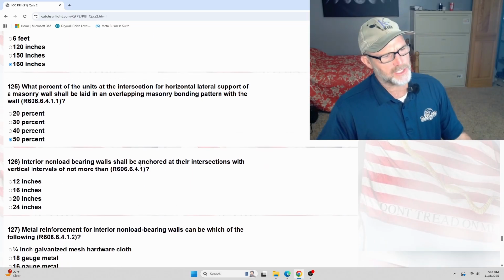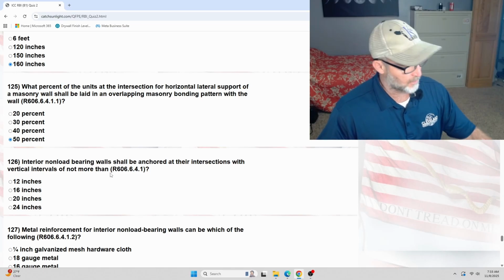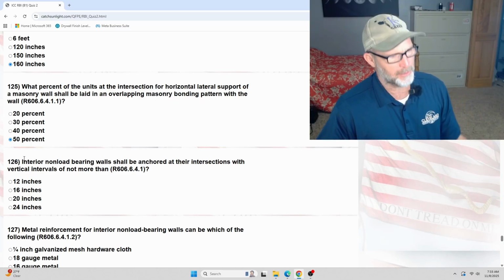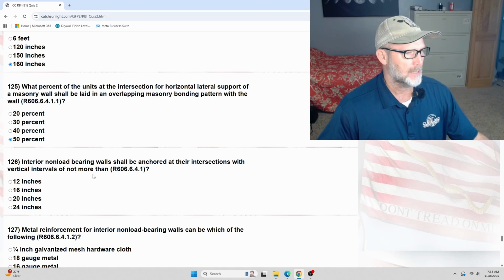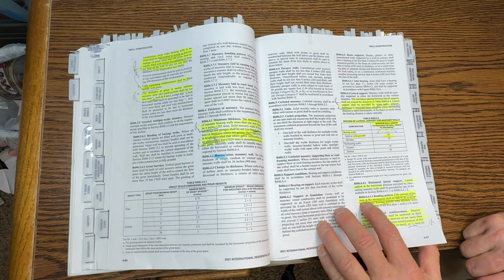All right, 126. Interior non-load bearing walls shall be anchored at their intersections with vertical intervals of not more than what? So we're still in the masonry area. I probably needed to have some description there. But let's look at our 606.6.4.1.